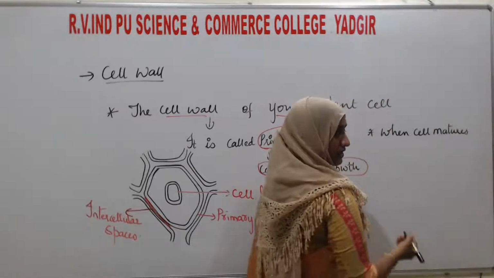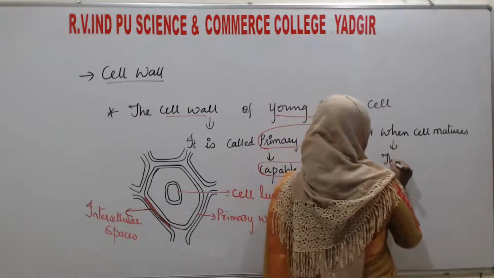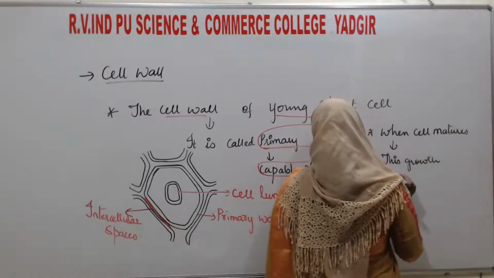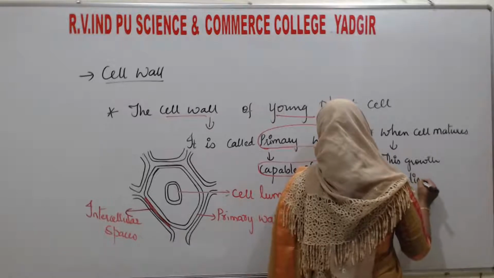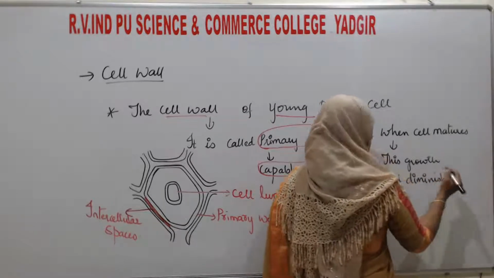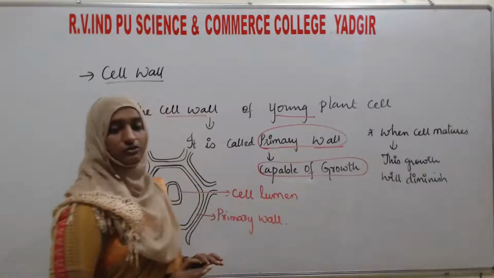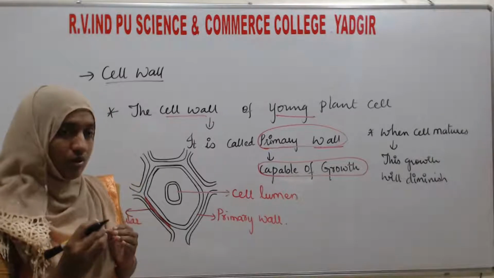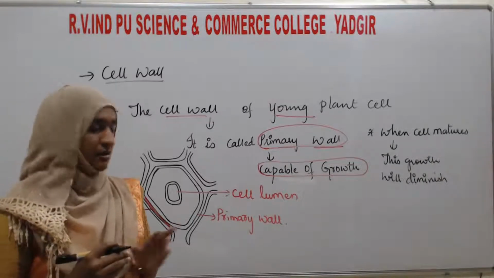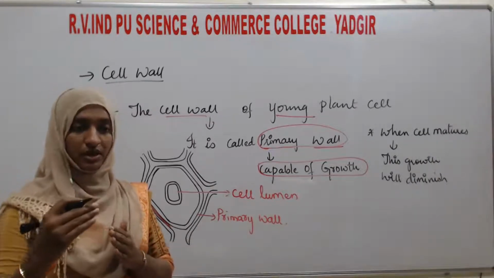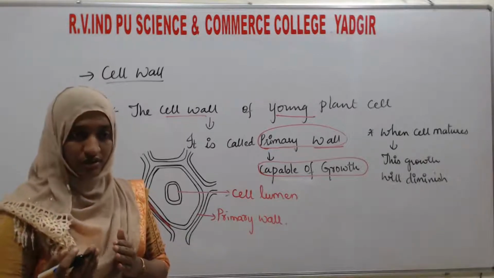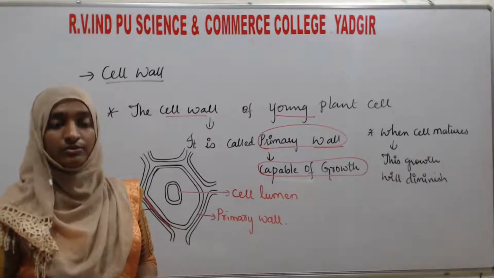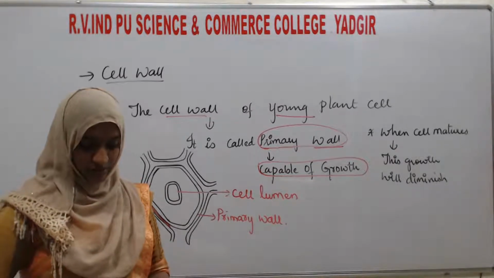this growth will diminish. What happens? This growth is going to stop. When the cell wall is younger, at that time this primary wall will grow. When the cell gets matured, this primary wall stops its growth because there is no requirement of growth.